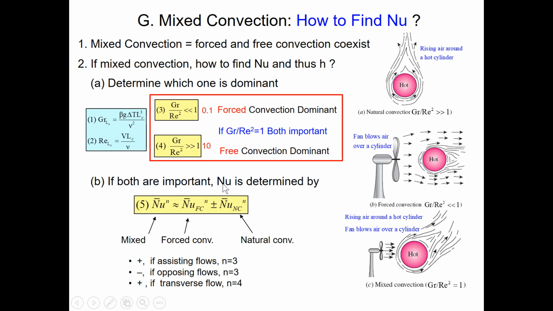Then the mixed convection Nusselt number is calculated from equation 5, where this is the forced convection, this is the free convection. The power n and the positive or negative sign is determined by whether these two flows are assisting each other, opposing each other, or converging to each other.